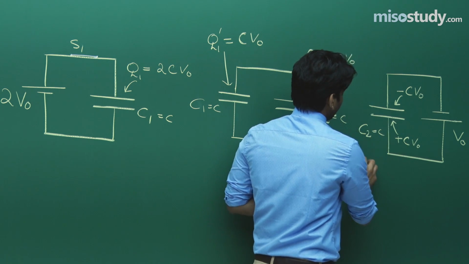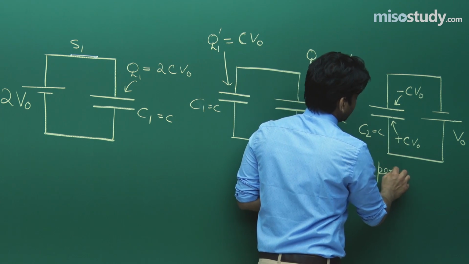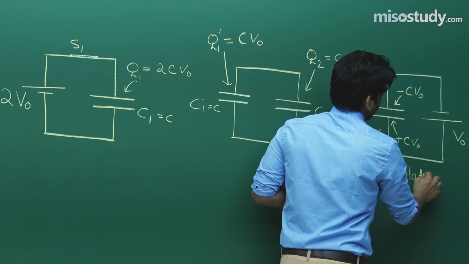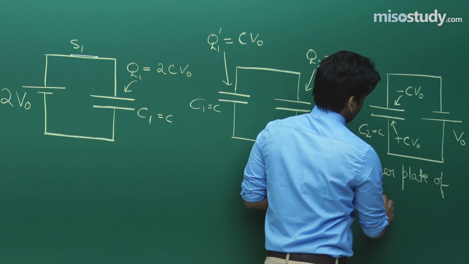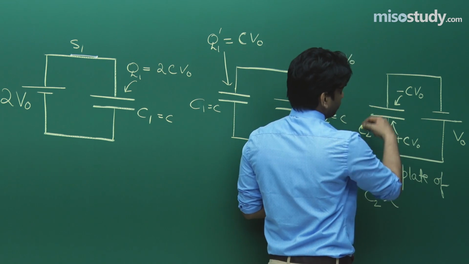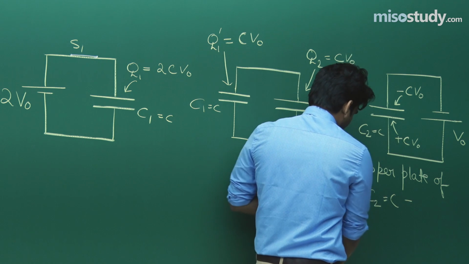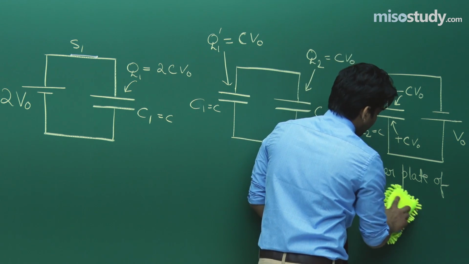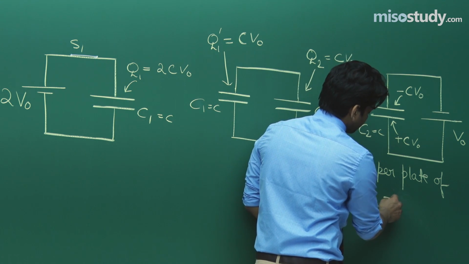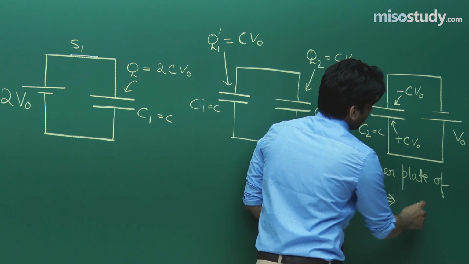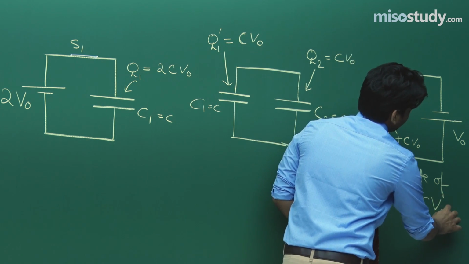So for the upper plate of C2, where C2 is equal to C, the charge is minus CV0.